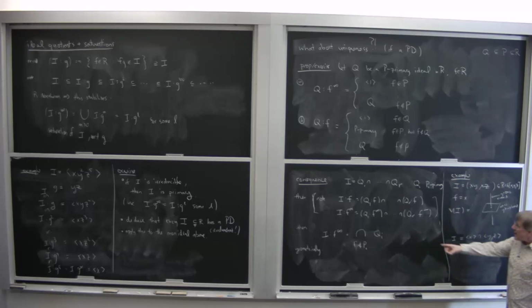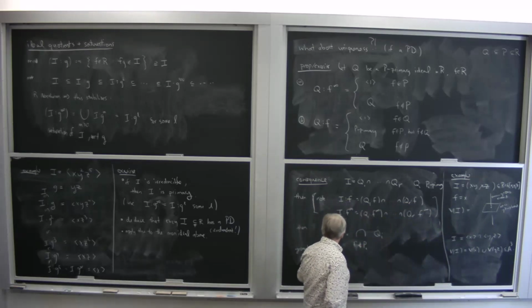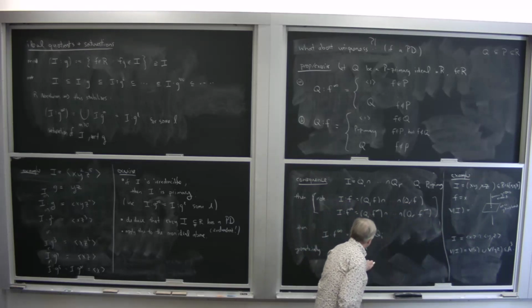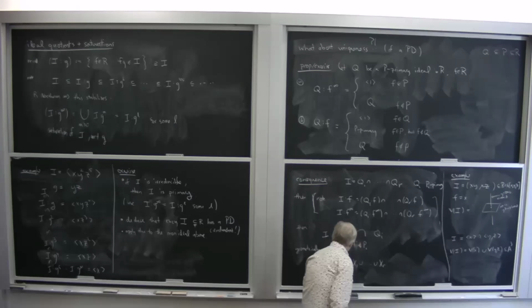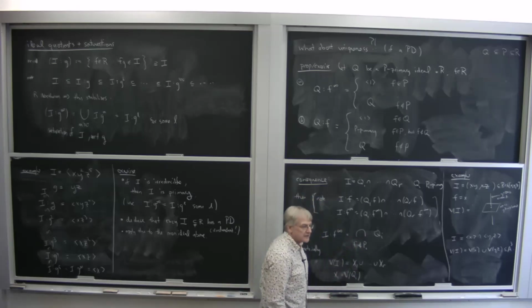Okay, so now we can say what this thing is geometrically. So the zero set of I, for instance, let's say it's X1 union ... union Xr, where X sub i is equal to the zero set of Q sub i. Actually, that would also be the zero set of P sub i, right? If we're doing it in this naive way.